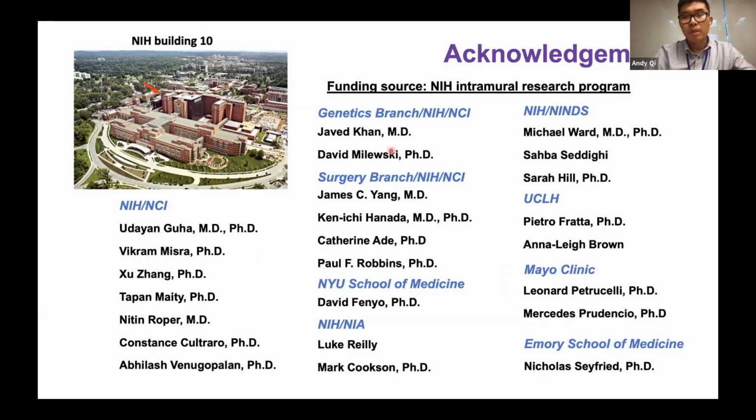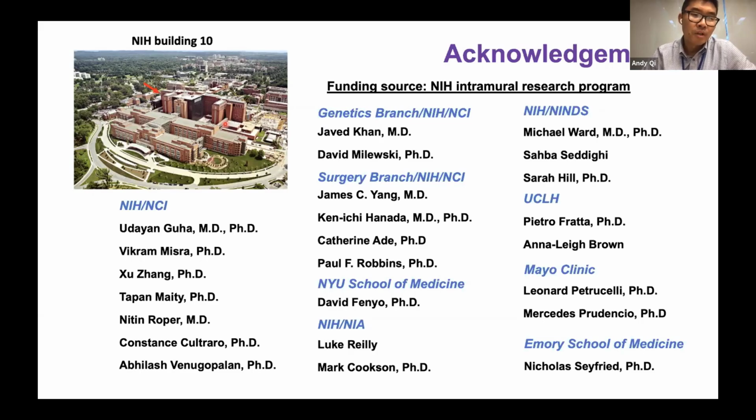Our funding is from the NIH intramural program. And the last thing I show in the figure here is Building 10 of the NIH campus. NIH has 50 buildings. The myth is, people ask me why NIH is doing research, but NIH is not only the agency that distributes the money from Congress; NIH actually does really good research by themselves.